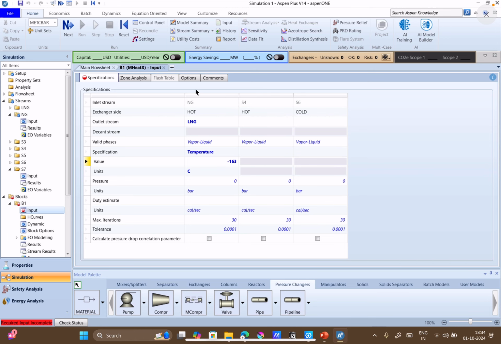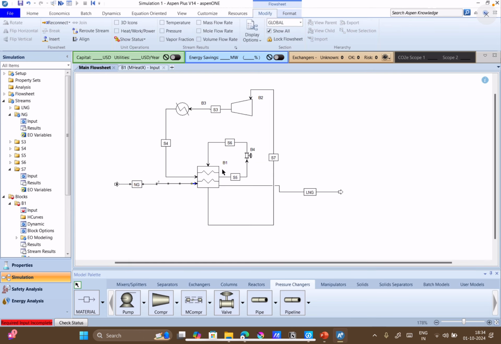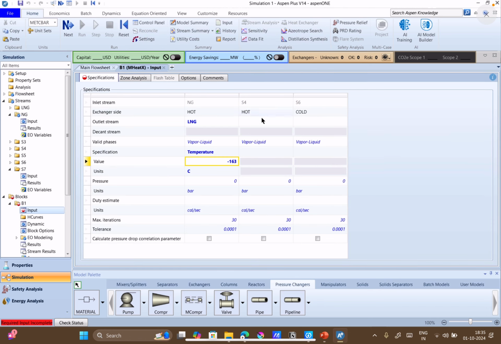Now for S4 and S6. S4 is our cooled high pressure stream, which is further cooled down to S5. So in the heat exchanger, S4 will be connected to S5, and S6, which is the low pressure low temperature stream, is connected to low pressure high temperature S7.